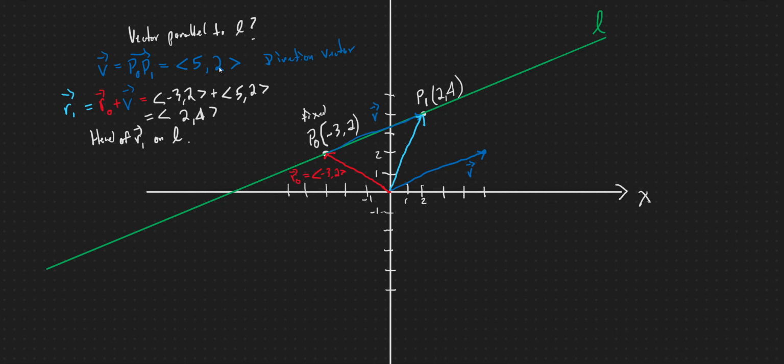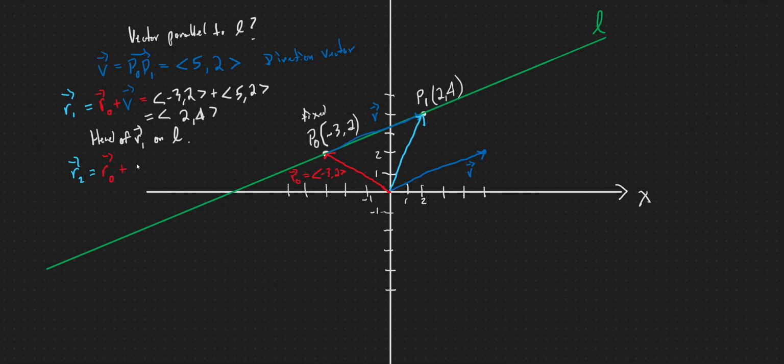So what if instead of just adding V, I add a scalar multiple of V? Let's say I add, how about 2V to this? Maybe I'll call that R2. So my fixed point on the line, R0, plus 2V.